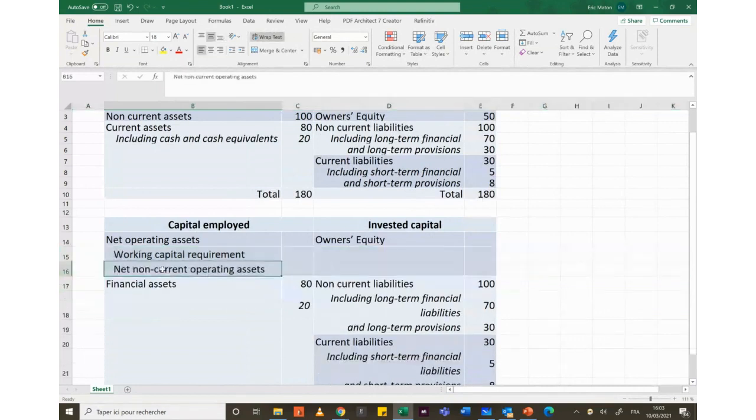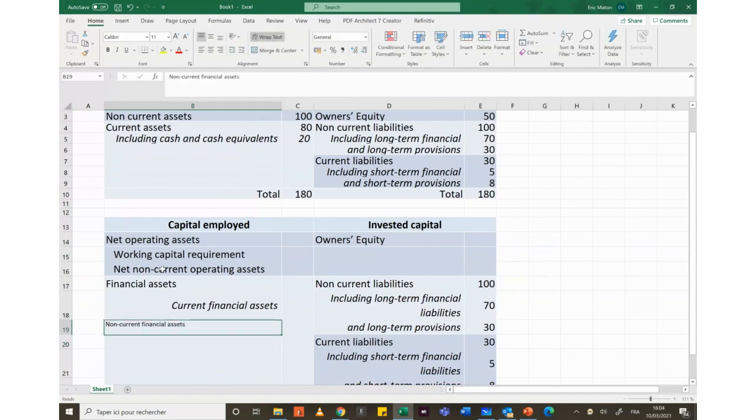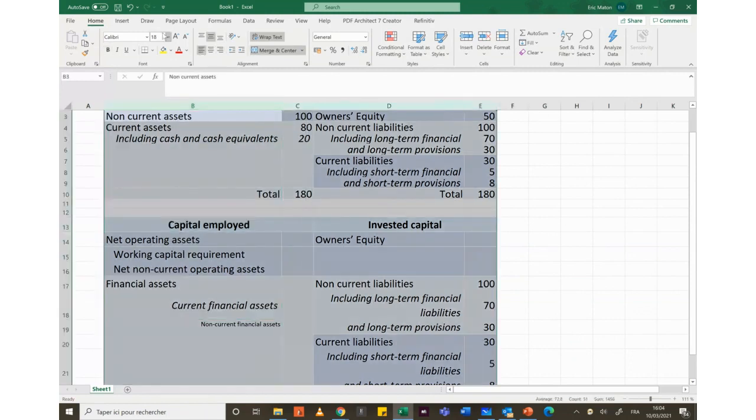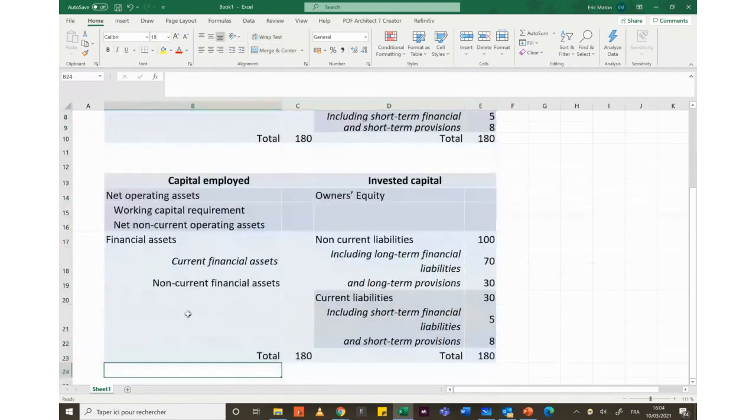Okay. We keep all the equity on the other side, and after we put the financial assets. In the financial assets, we have the current financial assets and the non-current financial assets. Okay. In the other side, we have the owner's equity.